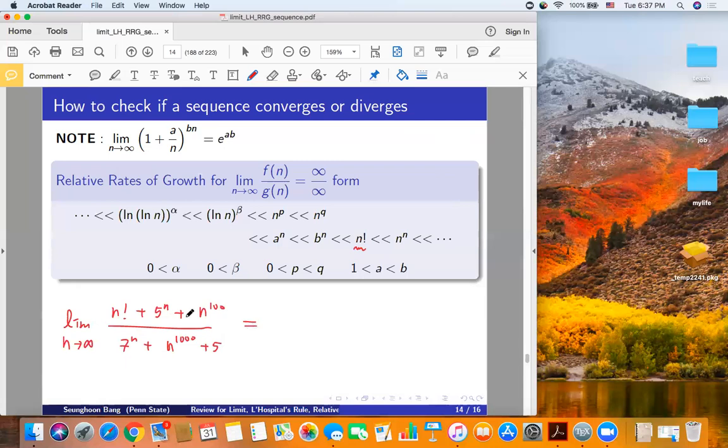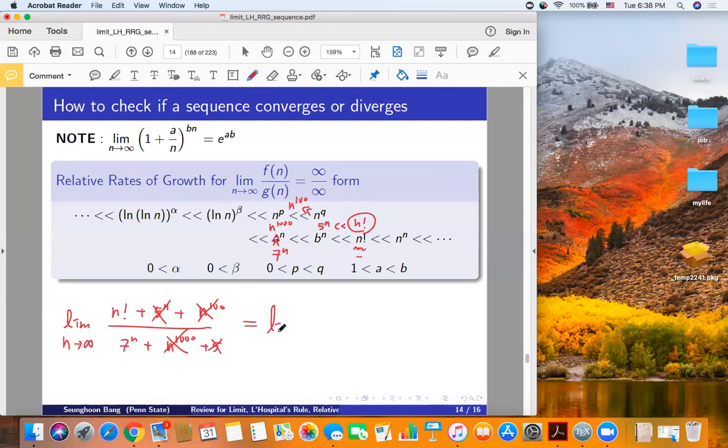Yup. Think about n factorial, which is here, and 5 to the n here. The n factorial is greater, and n to the 100 is slower. So the fastest one is n factorial; ignore the slow one. On the bottom, 7 to the power n is growing faster than n to the 1000, so you ignore the slow one and the constant.